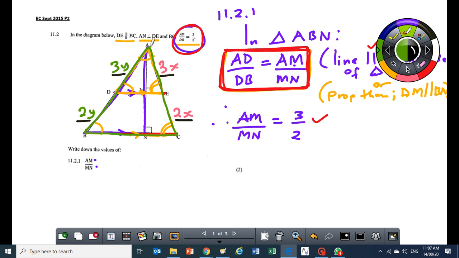Now, I'm sure you can see that the two, though they have a common vertex here, don't have a common height. But we are told that AN is perpendicular to DE. So this angle is 90, that angle is 90. So I need to introduce a third set of lengths that involves a constant.